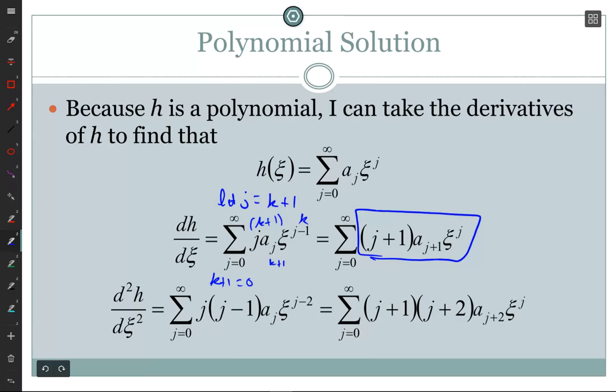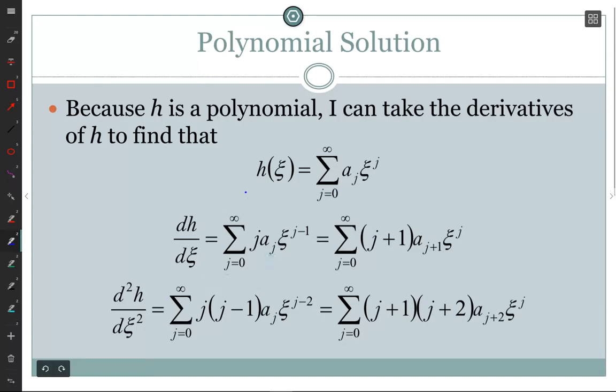But there's one thing that doesn't seem to track until you think about it carefully. The thing that doesn't seem to track is, if I change my j index to being 1 bigger, what happened to the first term? Because I'm starting at the same place. And the key to that is, if j is equal to 0, what is this derivative equal to? 0.